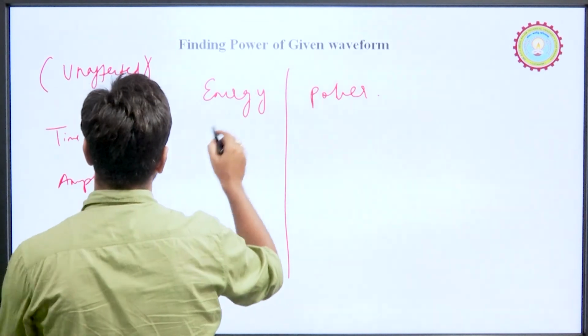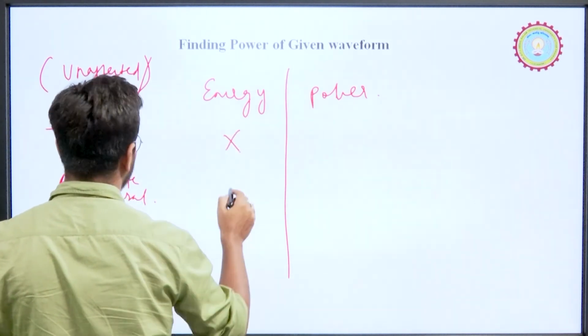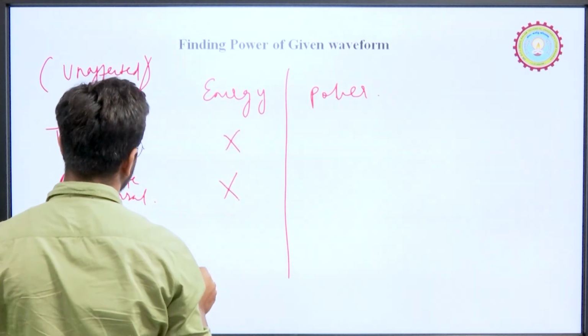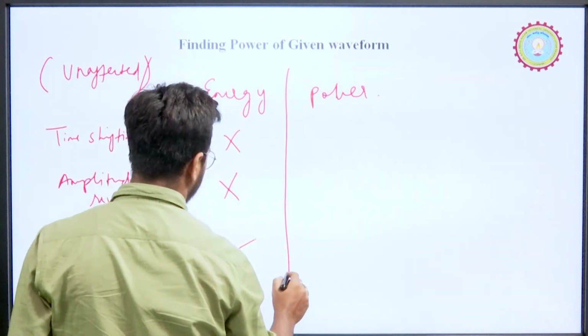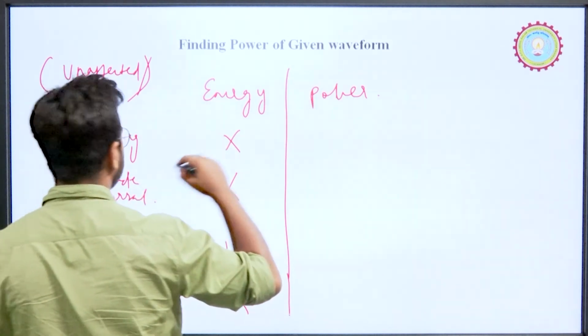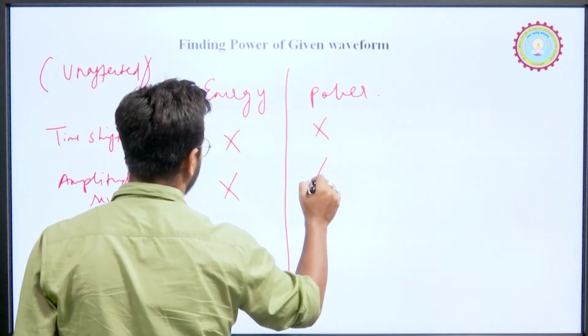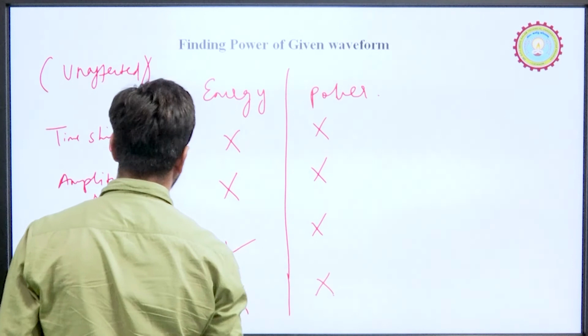So, energy is unaffected by time shifting, unaffected by amplitude reversal, unaffected by time reversal, only it is affected by time scaling. Whereas for power signal it is not affected by any of the operations.